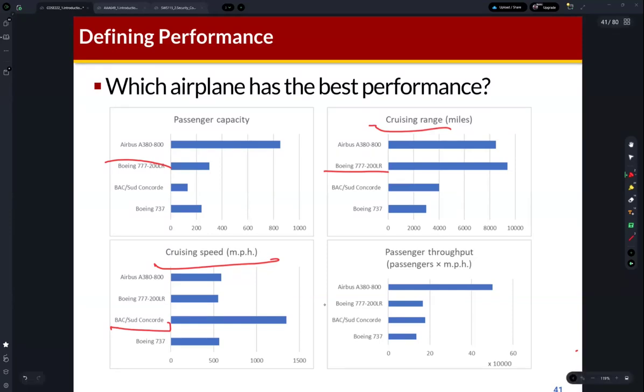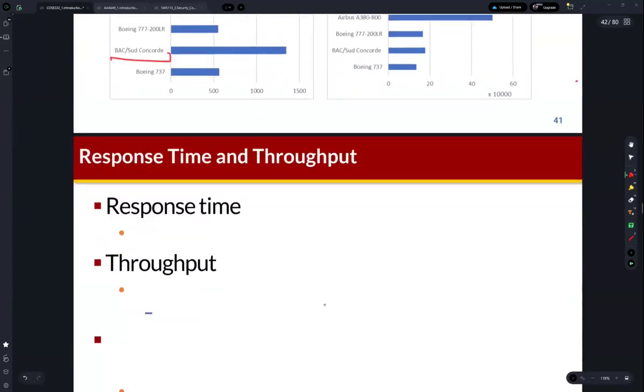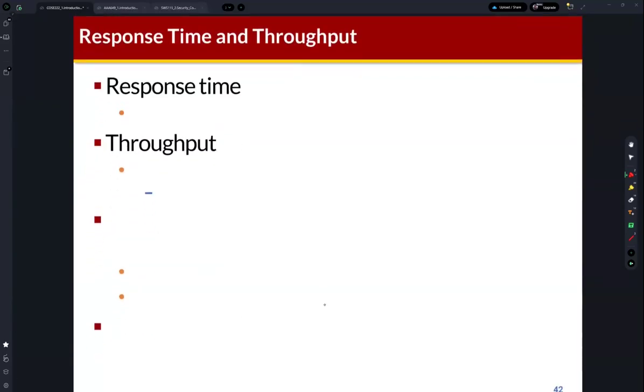In the analogy of airplane performance, I mentioned that we can use different types of performance metrics such as speed, latency, execution time, flight time, or capacity. It's the same for computer systems.